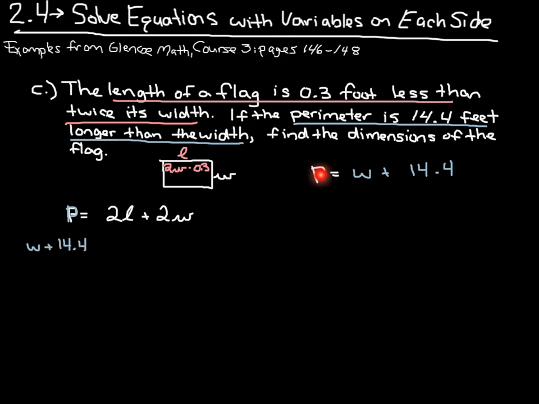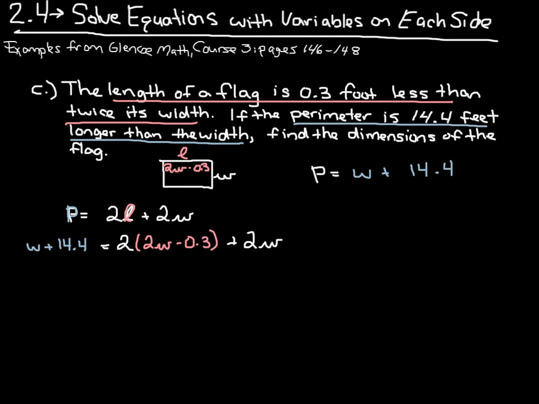I'm taking this P equals W plus 14 4/10 and putting it in for this P. That's going to equal 2 times the length. Now notice, I have my length here as 2W minus 3/10, as I simply substituted in the 2W minus 3/10 in for this L, then plus 2W.